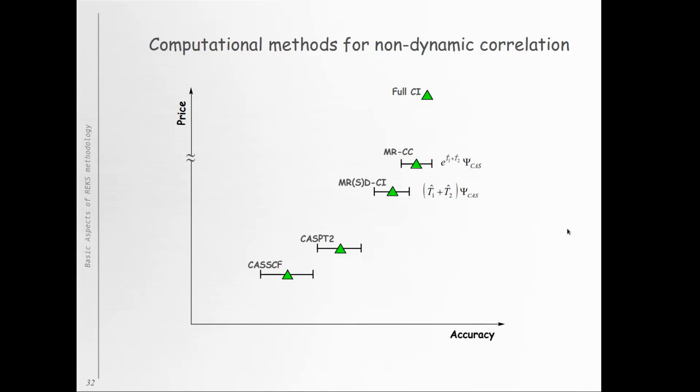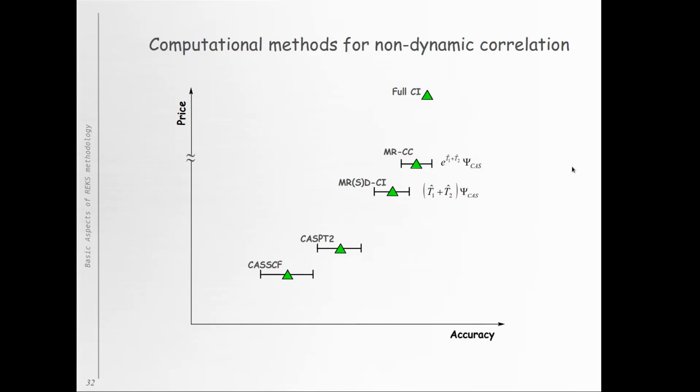CAS-SCF recovers non-dynamic correlation very well because we put the few orbitals in the active space, but then it cannot recover all the dynamic correlation because only active space orbitals are correlated. That's why CAS-SCF misses a lot of dynamic correlation, although it almost perfectly recovers non-dynamic correlation.